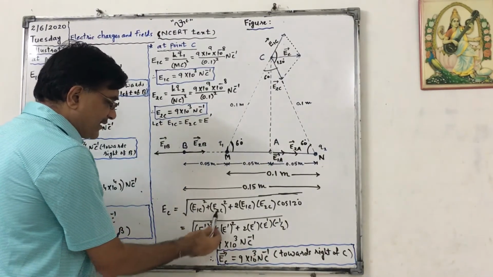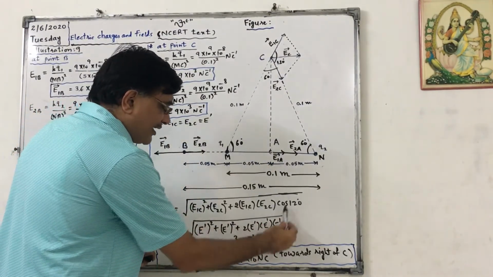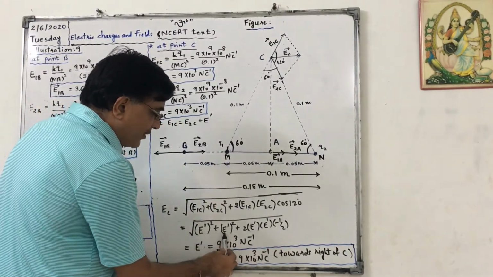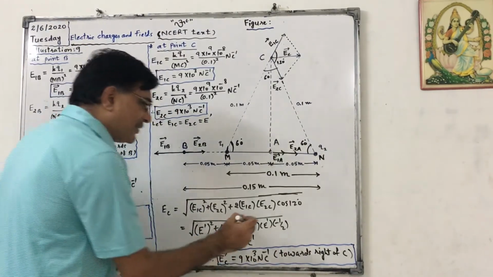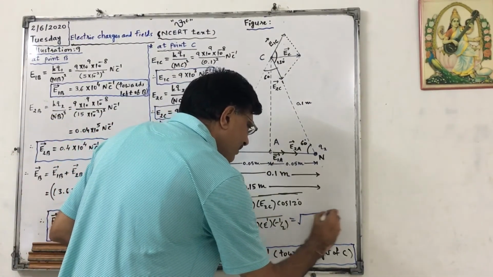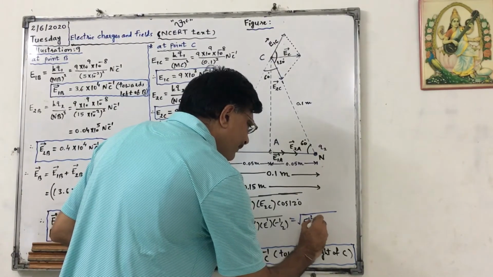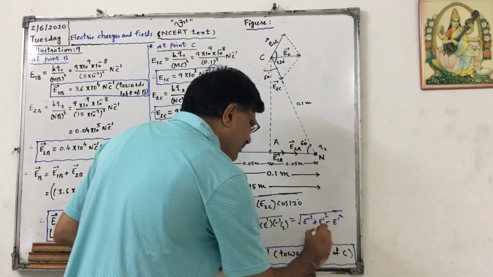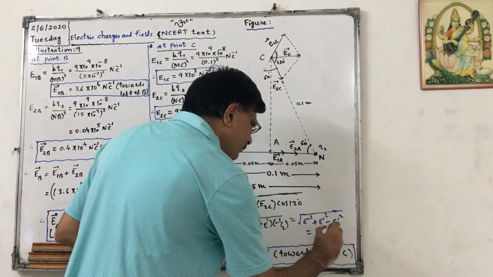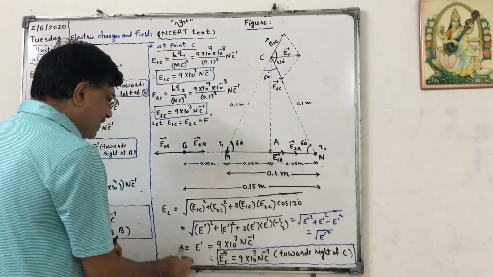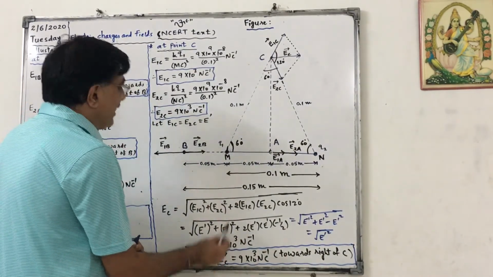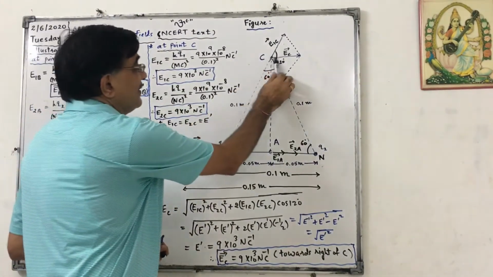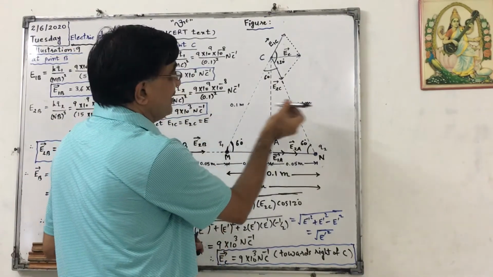Putting E1C as E dash, E2C as E dash, cos 120 equals minus 1 by 2. So these two will be cancelled. So E dash square plus E dash square minus E dash square. So finally it is square root of E dash square, which can be written as E dash. So the value of EC is E dash equals 9 into 10 raised to 3 Newton per Coulomb. What is the direction? This direction, so we can write towards right of C.